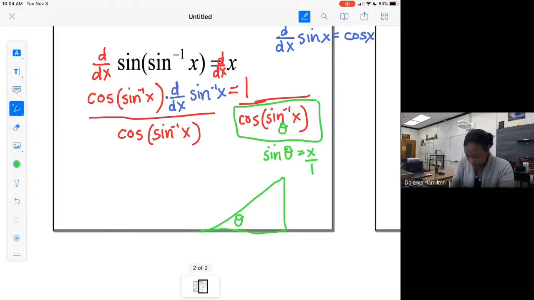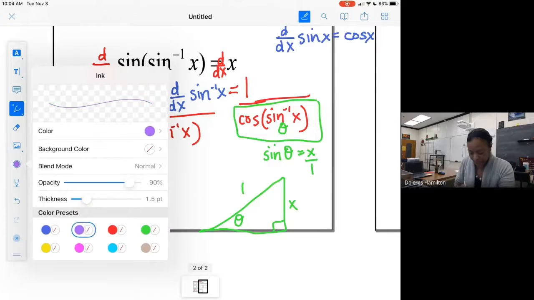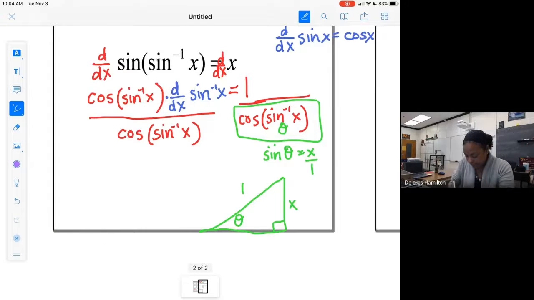There's theta. Sine is opposite over hypotenuse, in SOHCAHTOA. And if I did some Pythagorean theorem in here, I would end up with that adjacent side being the square root of 1 minus x squared.